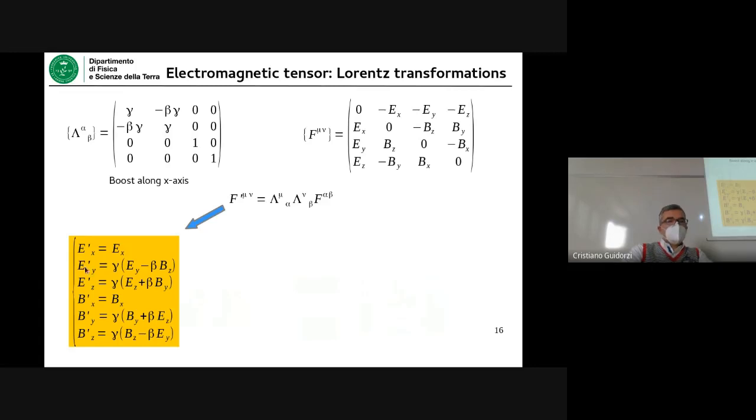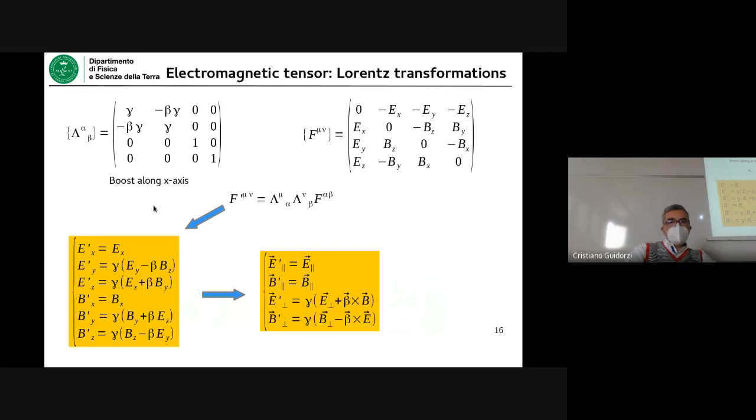In particular, you see that E_y prime and E_z prime, as well as the corresponding components of the magnetic field, have not only a factor of gamma, but there are two aspects which are important. There's a factor of gamma, so when you are considering relativistic reference frames, when gamma can be much larger than 1, this makes a huge difference with respect to what you would expect from a non-relativistic treatment. But also, the two fields get mixed.